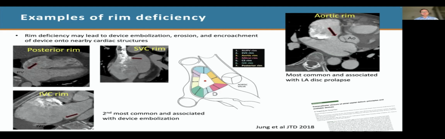In general, you can see the deficient rims are small or entirely missing. As you can see on these images, for example, the IVC rim is very small, but as a rim, in this particular patient it is completely missing.